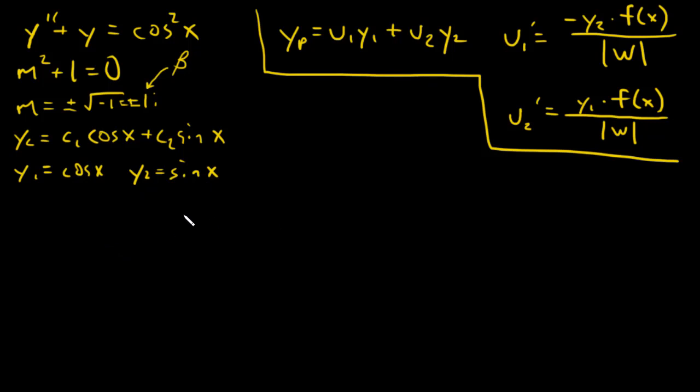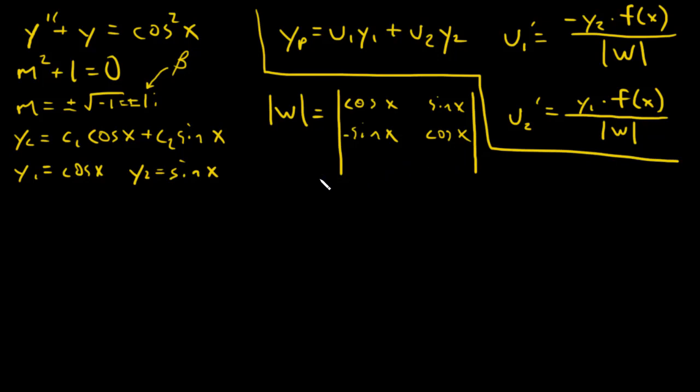First things first, let's do the Wronskian now that we have our y1 and y2. The Wronskian is the determinant with cosine x, sine x, and then the derivative of cosine x, which is negative sine x, and then cosine x. So the Wronskian is going to be cosine squared x plus sine squared x.